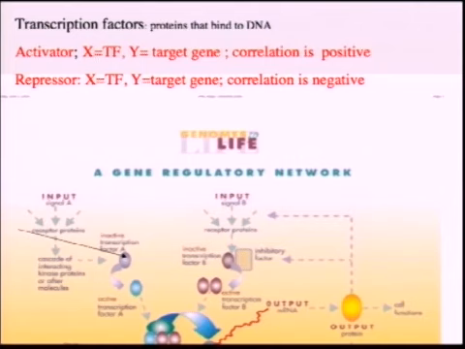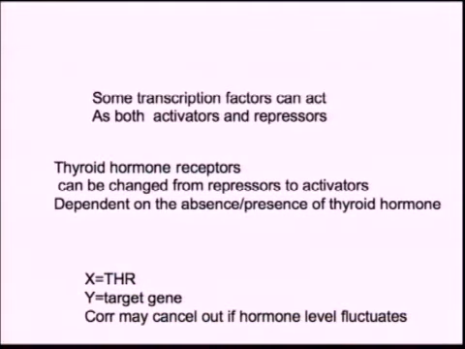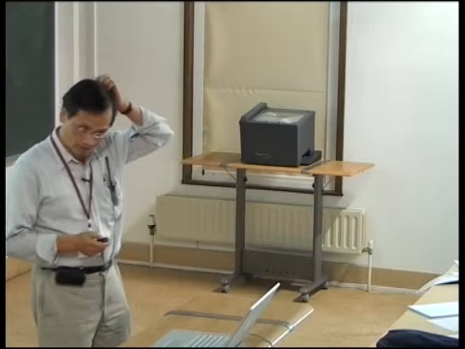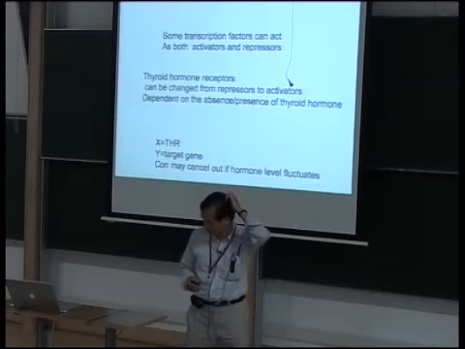Now, what will happen if it is both activator and repressor? Well, it depends on how you set up the experiment. If your experiment is not properly set up and mixes two different conditions, you probably won't see the correlation. And what I said here is not just statistical speculation, but it's real.